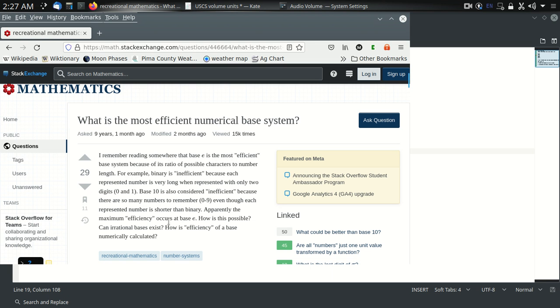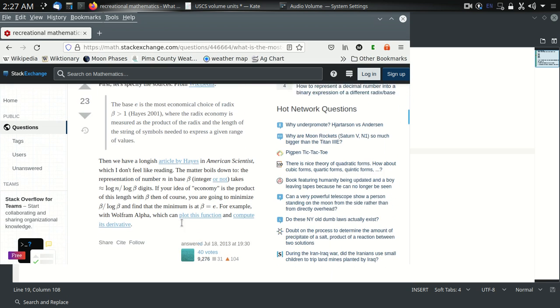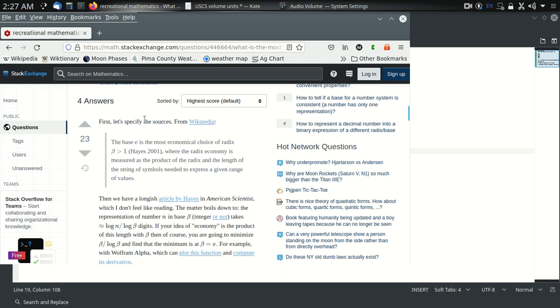Apparently, the maximum efficiency occurs at base E. How is this possible? Can irrational bases even exist? How is efficiency of a base numerically calculated? So down here, this is a pretty good answer, I thought. Let's specify the sources from Wikipedia. It's actually Hayes 2001 that is the real source here.